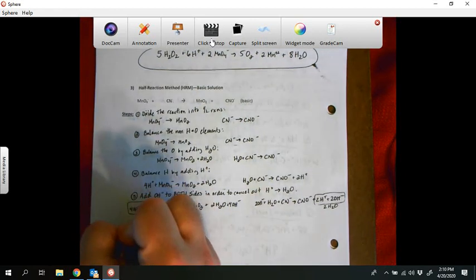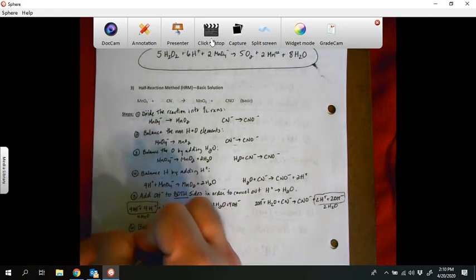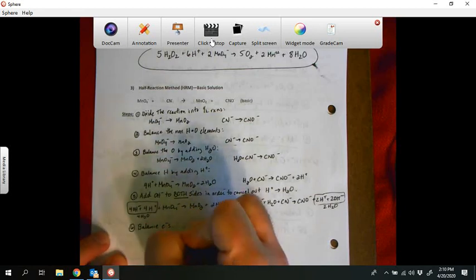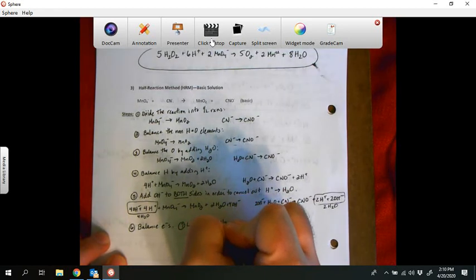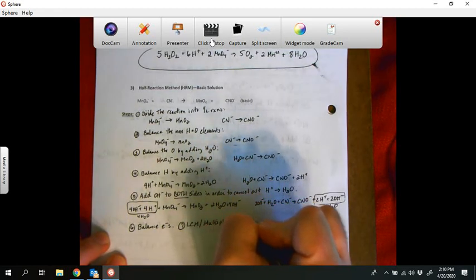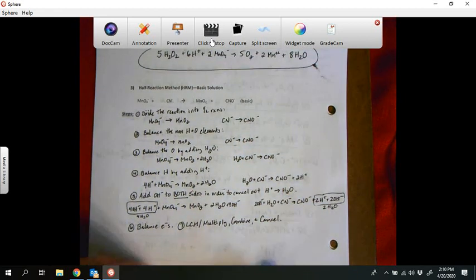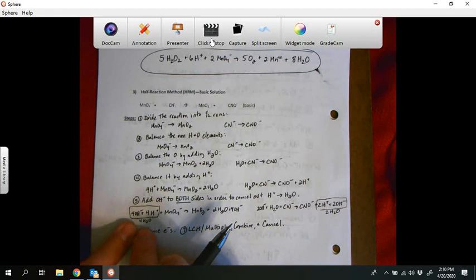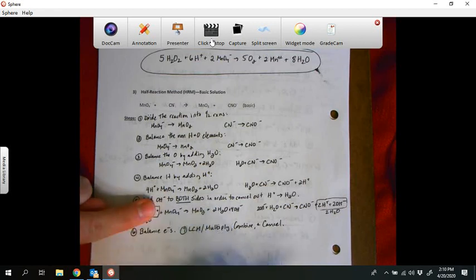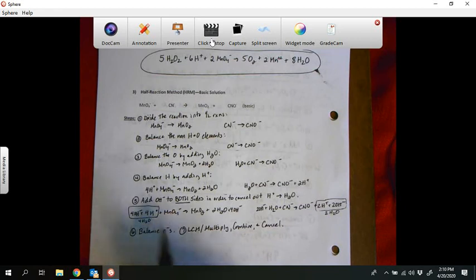So, step 6 and step 7, kind of do these together. So step 6 is balance electrons, and step 7 is the LCM, multiply, combine, and cancel. So, if we look at our charges, and I'm going to do that right up here. If we go ahead and combine these to give us water, water's neutral, and that makes things a little bit easier. So for this one, I know that I have -1 on this side.